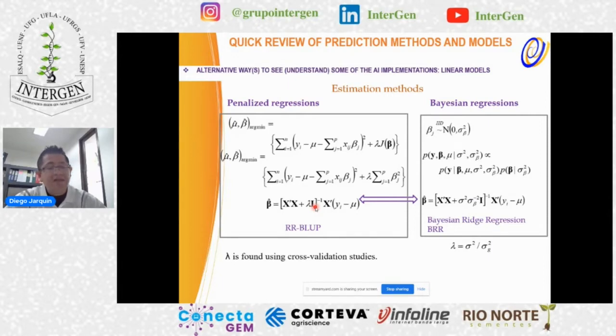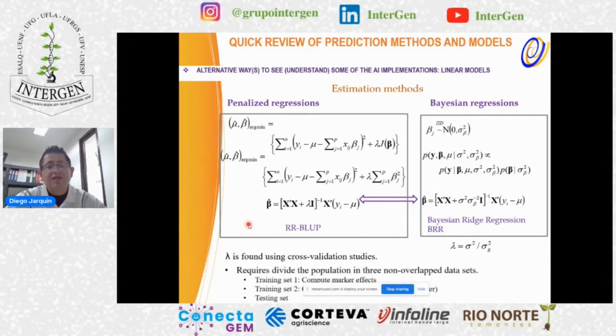On the other side, we can find lambda using cross-validation studies. So if we are thinking of some similar kind of AI modeling, in those cases it requires dividing the population into 3 non-overlapping data sets, where we use one to compute the marker effects or the effect of the different factors. We have another training set where we try to optimize this lambda value for a given decay parameter.